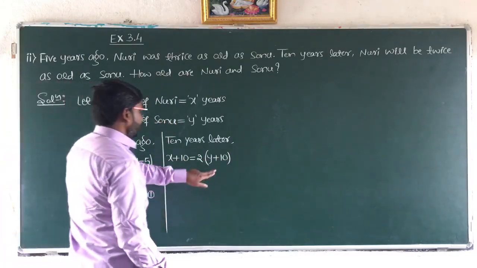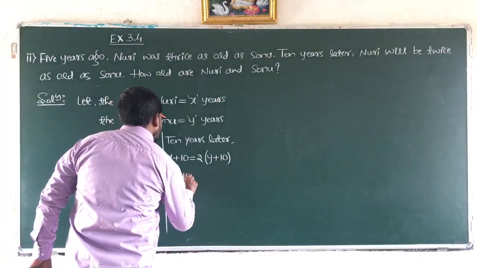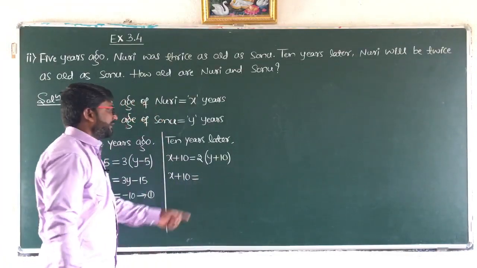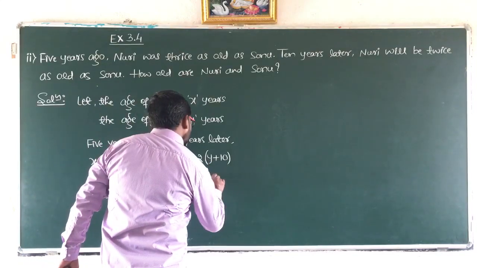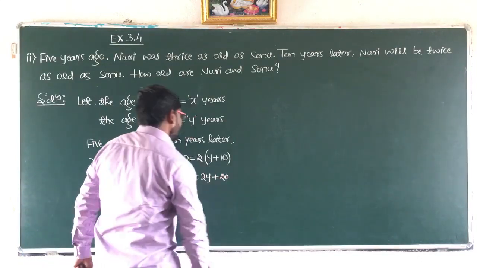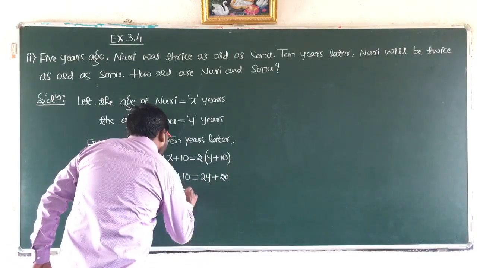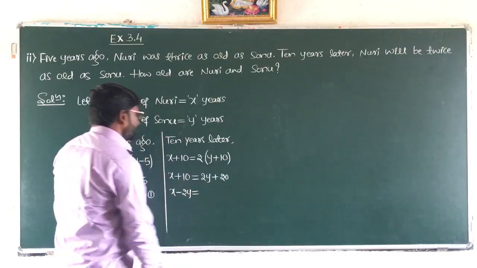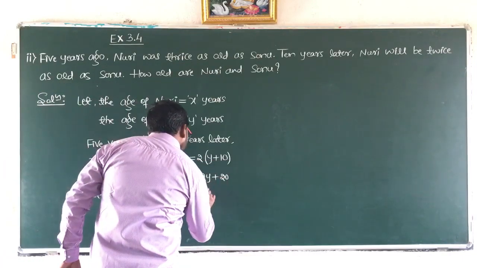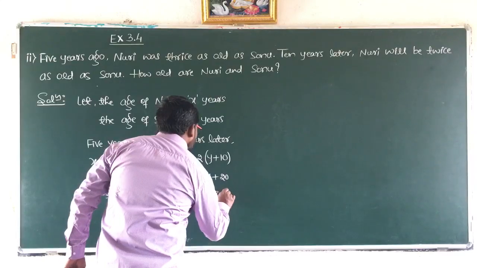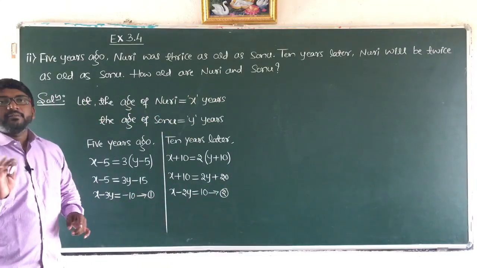So let us simplify this. x plus 10, write it as it is, which is equal to, now multiply 2 with these two terms, we get 2y plus 20. So rearrange the terms here. x minus 2y is equal to, take 10 to the RHS, it becomes minus 10, 20 minus 10 will be 10. So this is our equation number 2. Now we have to solve these two by the elimination method.